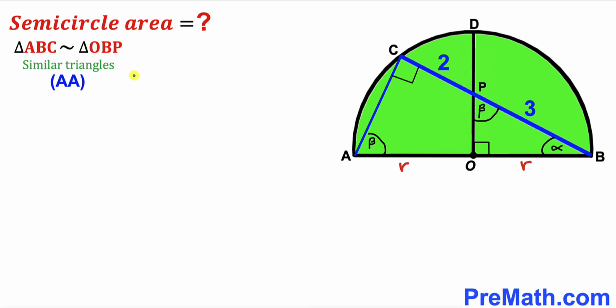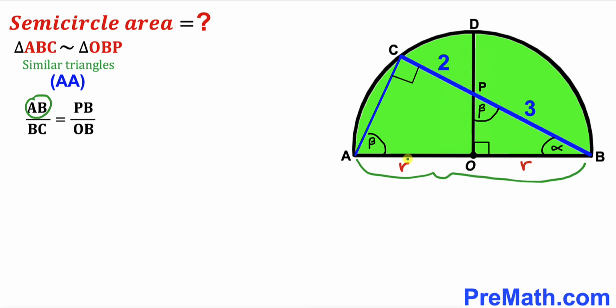Since these two triangles are similar, we have a proportion: the ratio of AB to BC must equal the ratio of PB to OB. Now AB is the diameter, r plus r, which gives 2 times r, so I'm replacing AB with 2r. BC is 3 plus 2, which makes it 5.